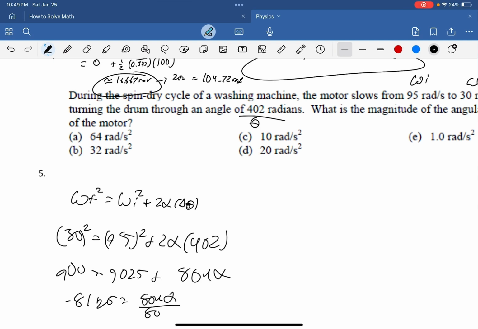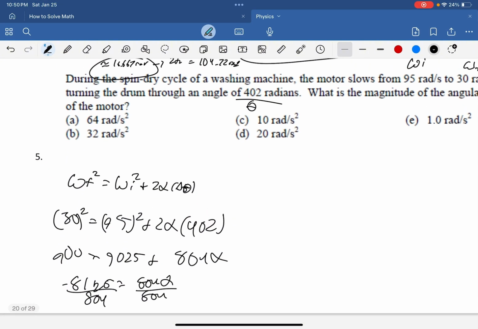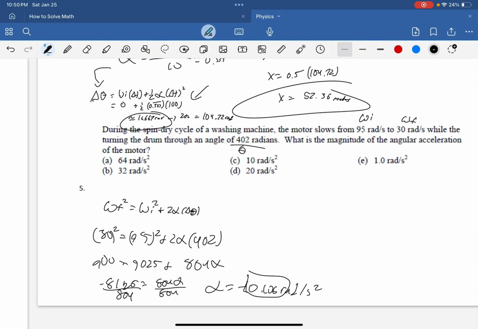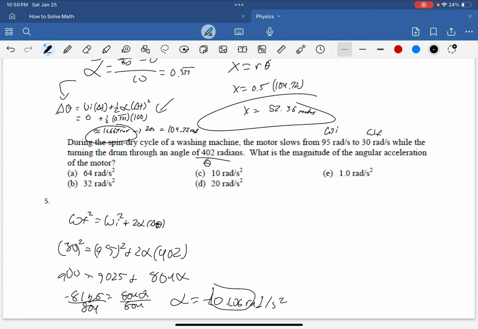And then let's just divide by 804. And we get alpha is equal to negative 10.106 radians per second squared. Our magnitude is just the number. And what is the one on here that is the most equal to 10.106? Actually, hold up.